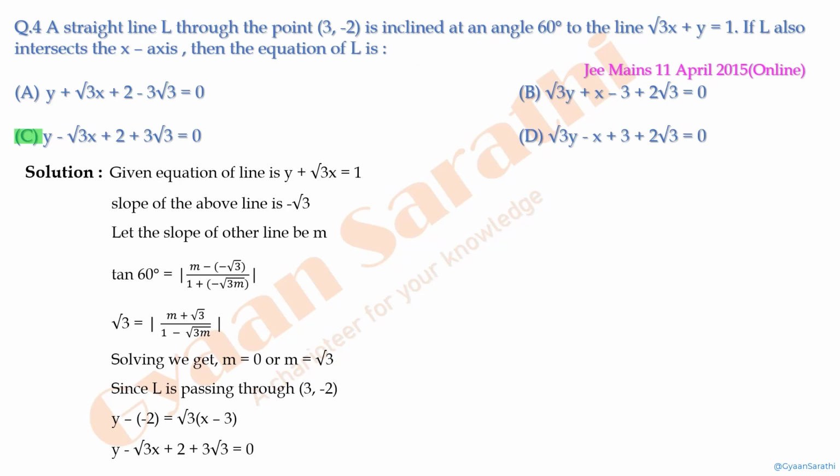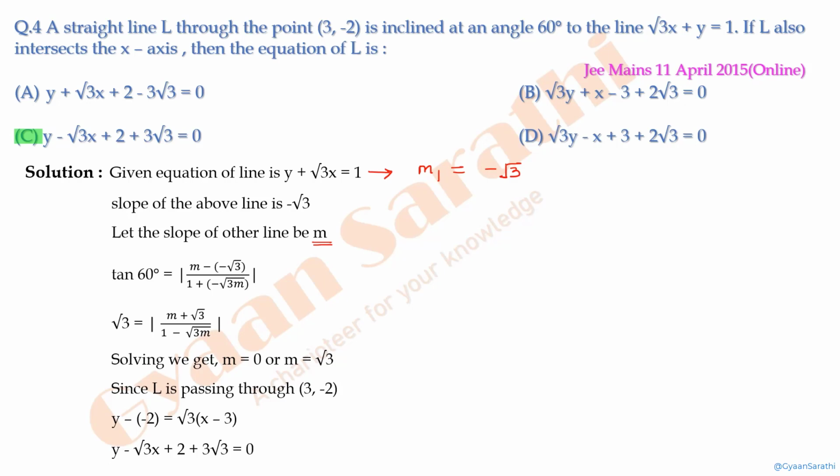So we have this equation of the line to be y plus root 3x is equal to 1. So from here I can say slope of this line, that is m1, is equal to minus root 3, and let us assume the slope of the other line to be m.